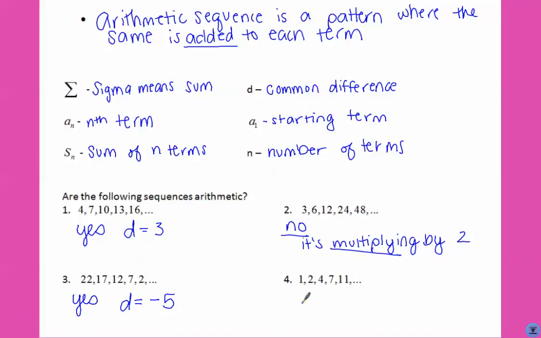And then number 4, it is adding something each time, but it's not arithmetic because it adds a different amount each term. It's still a pattern because it adds 1, then it adds 2, then it adds 3, then it adds 4, but it's not an arithmetic pattern because it's adding a different number each time.